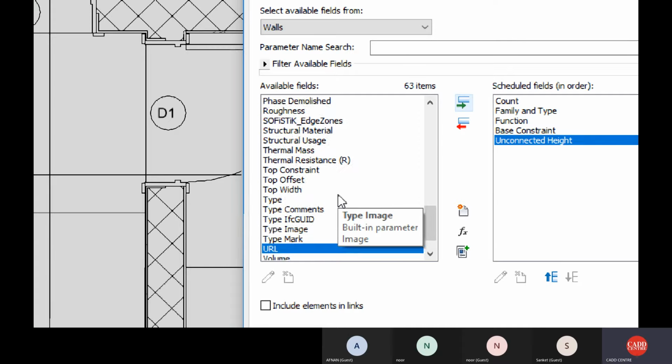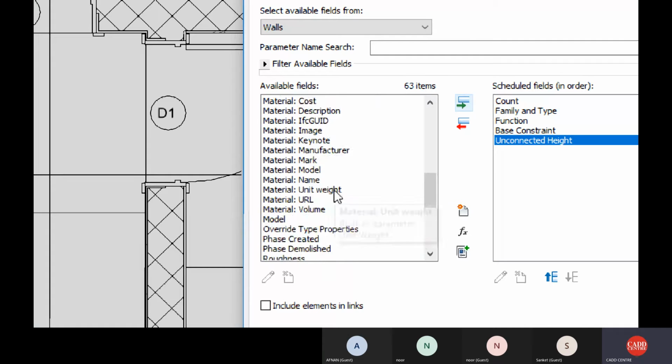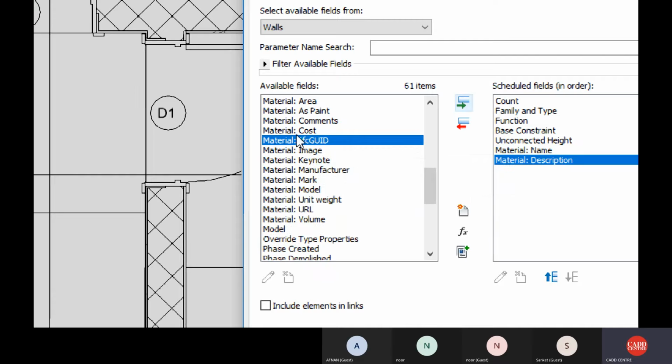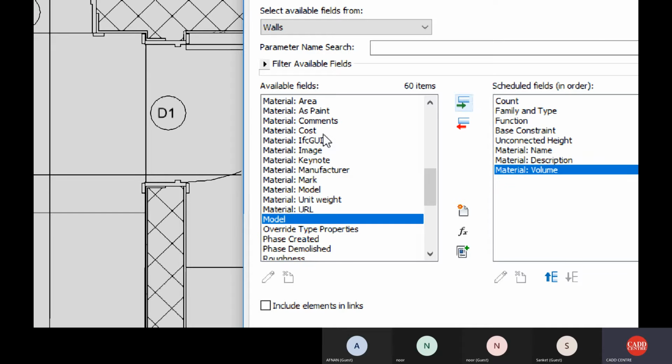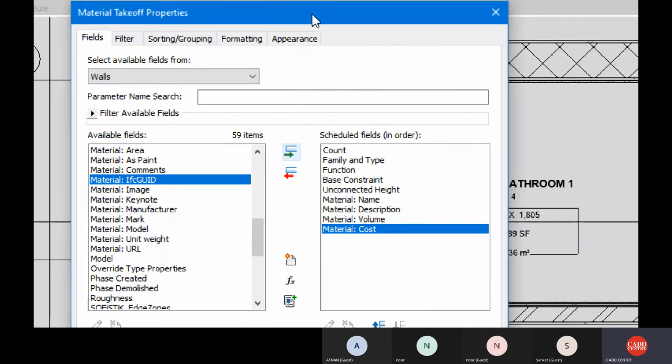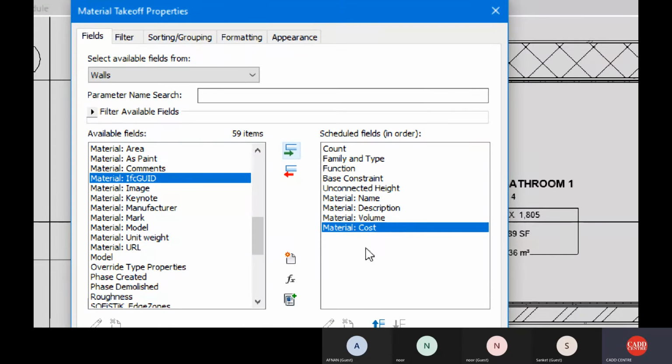Okay, and I can then take material name, material description, material volume, okay, and maybe the material cost as well. These many fields we will insert basically.